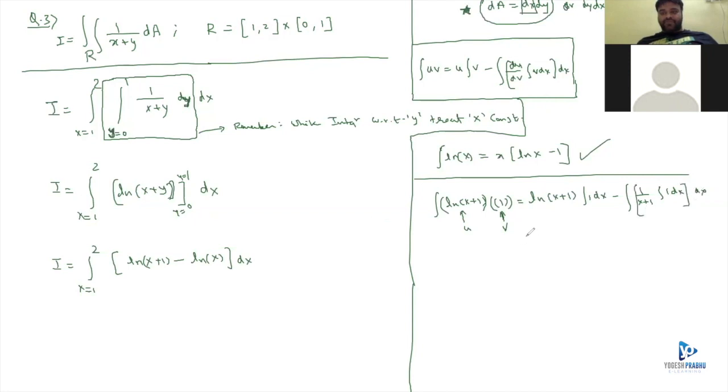Tell me, ln x plus 1 times x minus integral of x over x plus 1.